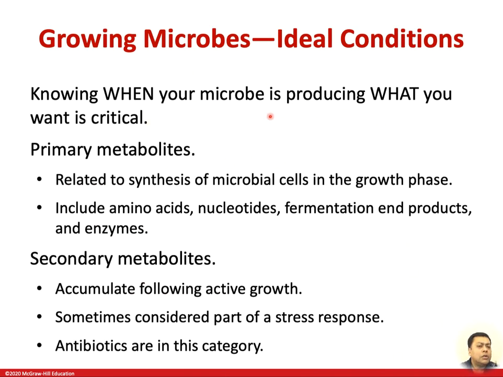Another very important thing to know is when your microbe is producing what you want. The primary metabolites are the products of the microbes related to synthesis of the microbial cell in the growth phase. These include your amino acids, nucleotides, fermentation end products like ethanol, and enzymes.